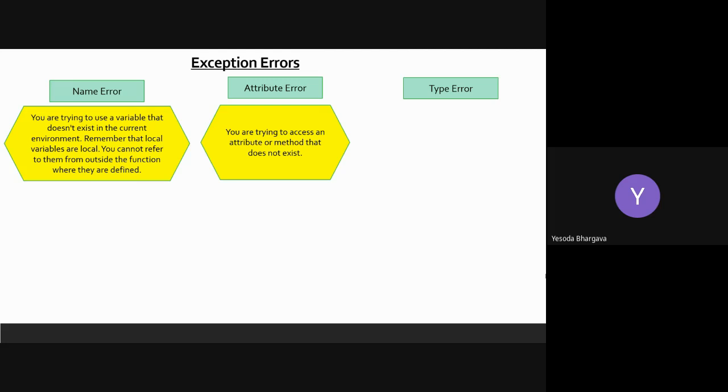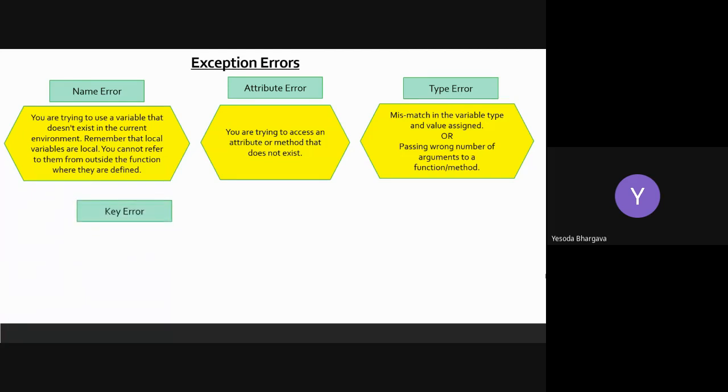And sometimes when we are dealing with int or strings, we may not make these errors, but when we are dealing with certain complex data types, then we can quickly fall prey to the type error. So a type error occurs when there is a mismatch in the variable type and the value assigned, or when you're trying to pass the wrong number of arguments to a function or method.